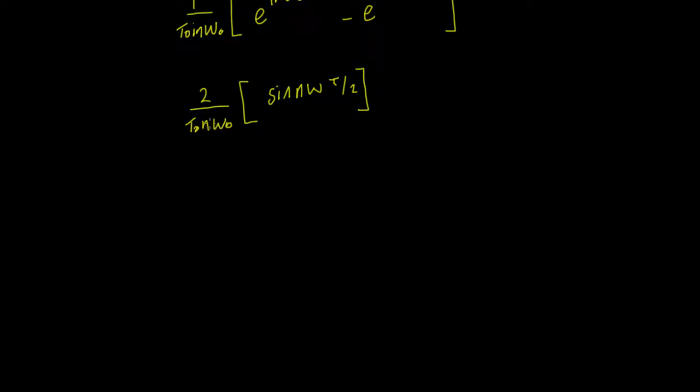If you go through that, you'll end up with your final version of this: Cn equals tau upon t naught times sine of a half n omega naught tau, all upon a half n omega naught tau. So that's the final version, and I'll just put a wee box around that.